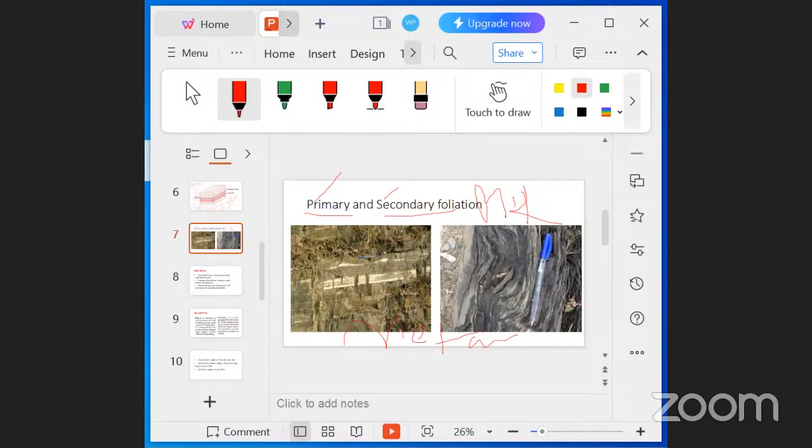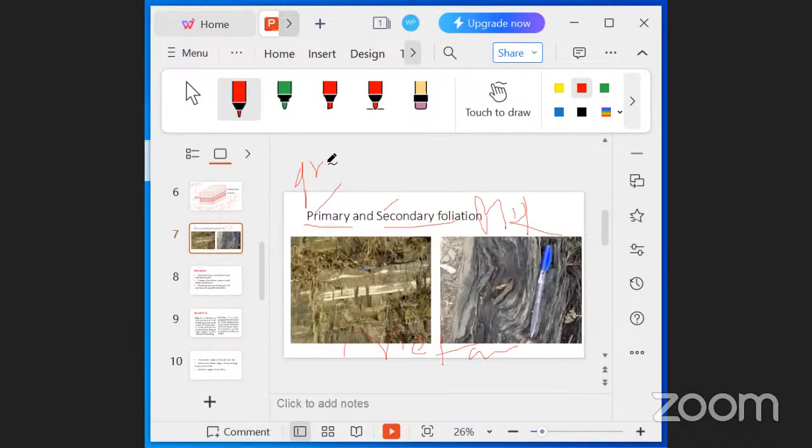Intrusive rocks are those igneous rocks which penetrate or intrude into a pre-existing host rock. They might have consolidated either at great depth or at shallow depth.